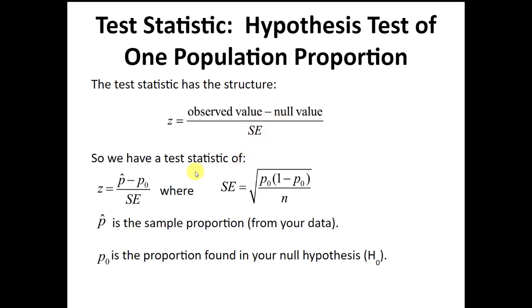If you're working with proportions, then you use the same z-score formula that we worked with for proportions, and the standard error formula to figure out the denominator. The p-hat is the sample proportion from your data, and the p-naught is the proportion that you used to create your null hypothesis.